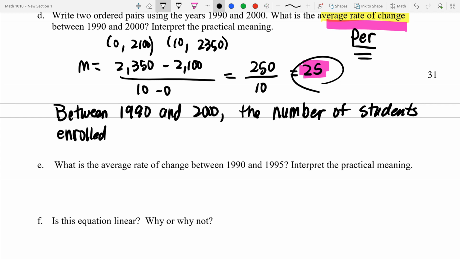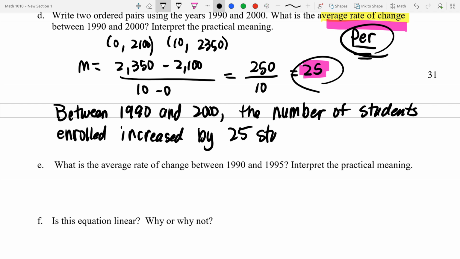That is not how many increased during that time, it's how many increased per what? Per year, yes. Increased by 25 students, here comes that word, per year.